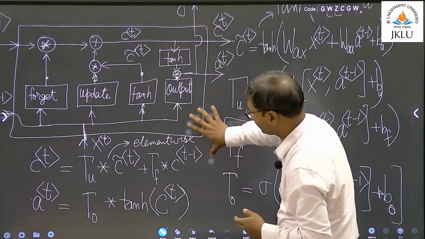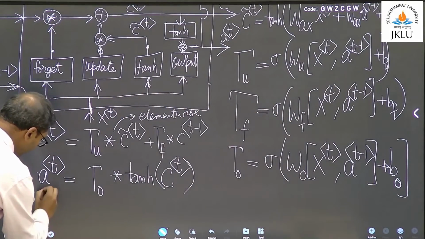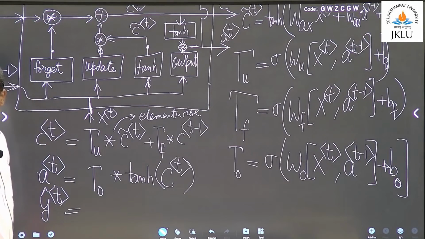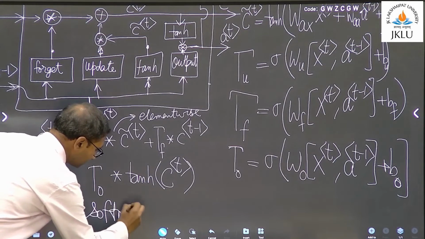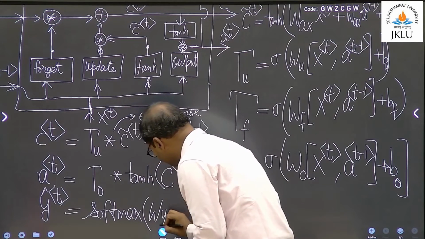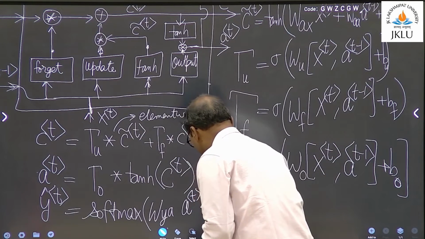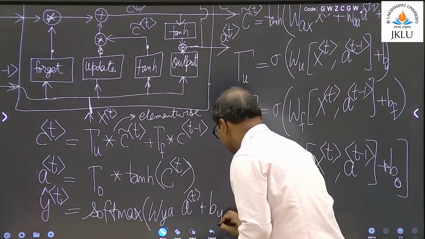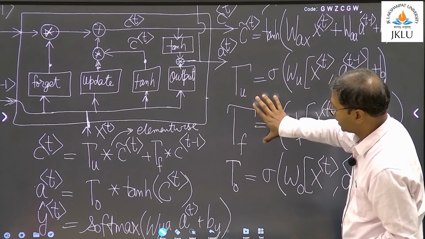So what I end up doing is Y hat T is softmax of WYA times AT plus maybe BY. This is LSTM.